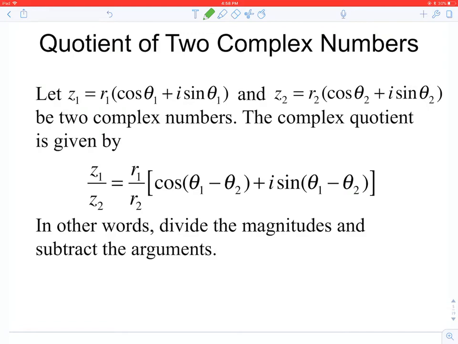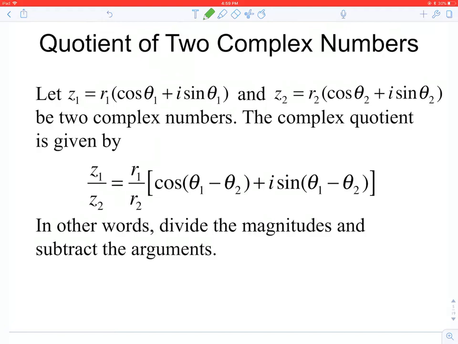Now, if you were trying to divide two complex numbers that were in rectangular form, for example 2 plus 5i divided by 3 minus i, you could multiply by a version of 1, which is the complex conjugate of the denominator over itself, and then distribute that out. That'll make the denominator real, and then you can simplify it to get that complex number.